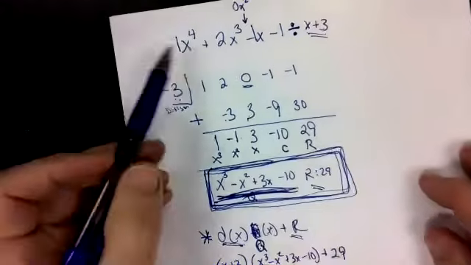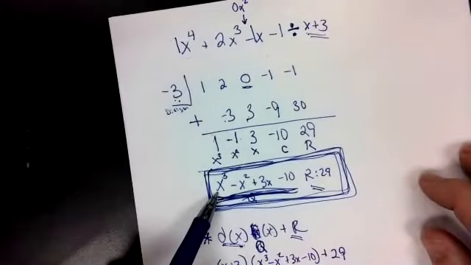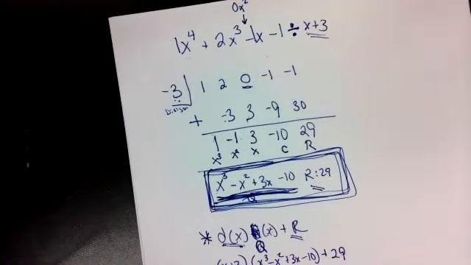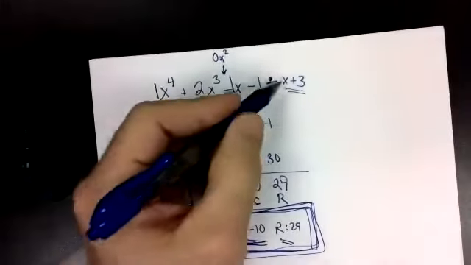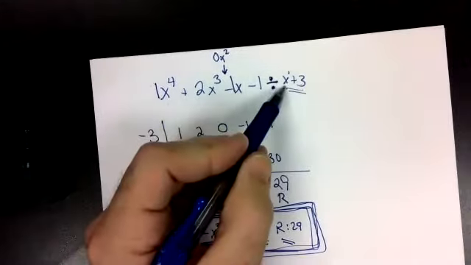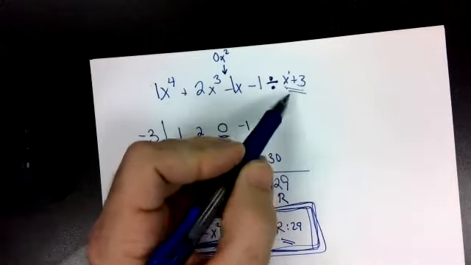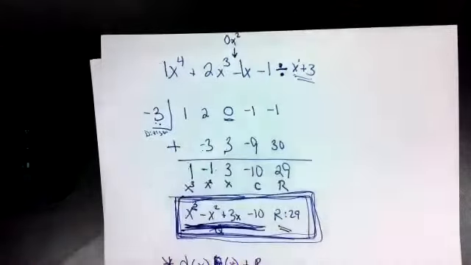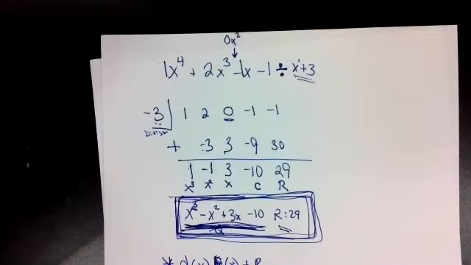And this problem went from an x to the fourth. When we divided, the answer became an x to the third. That does always happen. As long as you're dividing by 1 power of x, your answer is going to be 1 power less. And all the ones we have set up are just like that. You're just dividing by an x plus 3 or an x minus 2 or something like that. I could throw something more elaborate in there, but that's not the focus of this course.